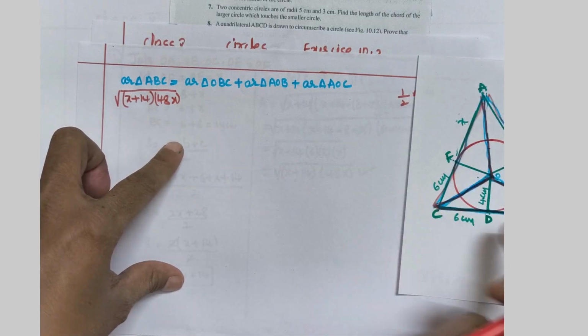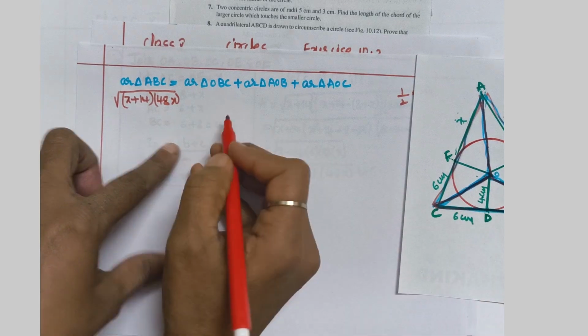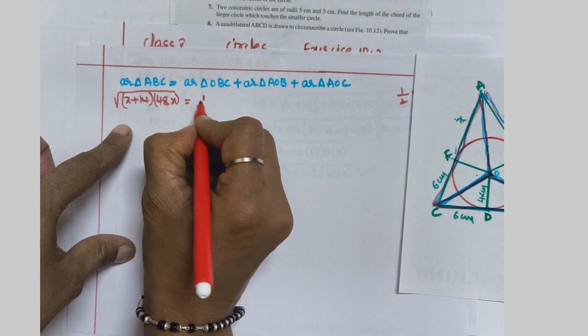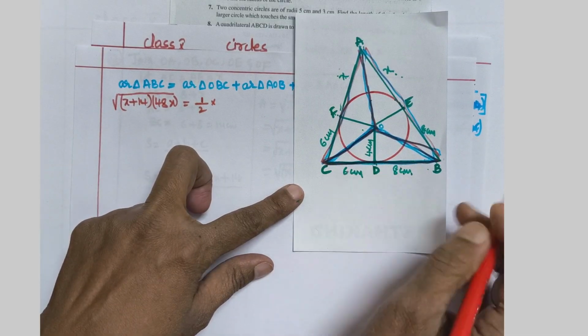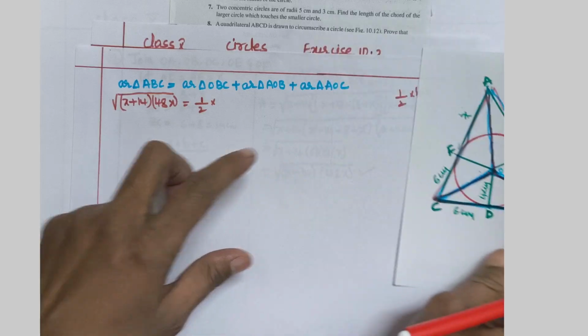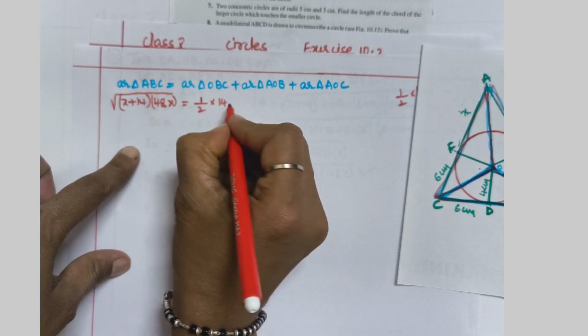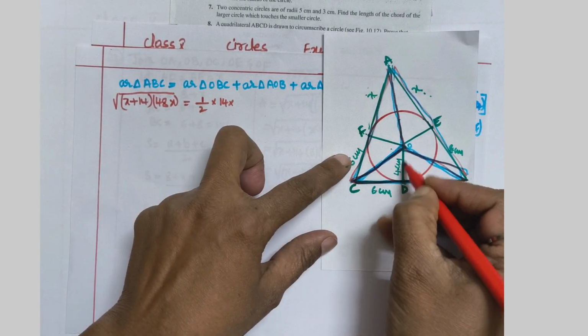First, triangle BOC. So this is equal to half into base, the base is 8 plus 6, which is 14. 14 is the base, into height. This is the height.